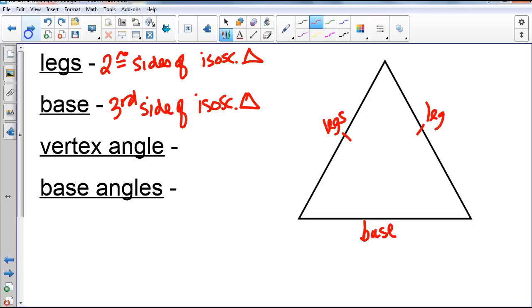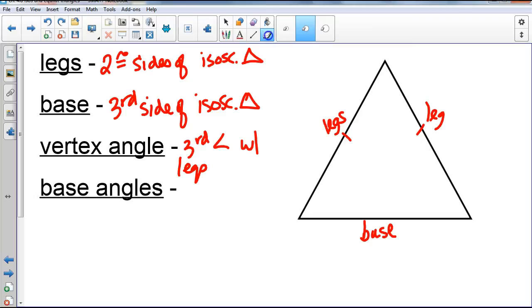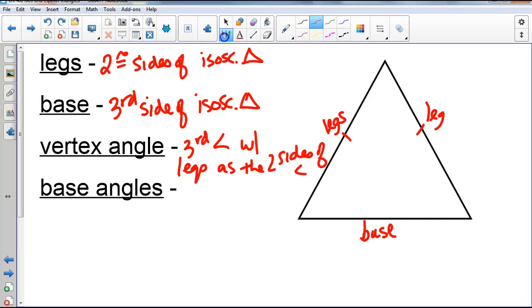And then we have a vertex angle. That's the third angle with the legs as its two sides. So this up here would be your vertex angle.